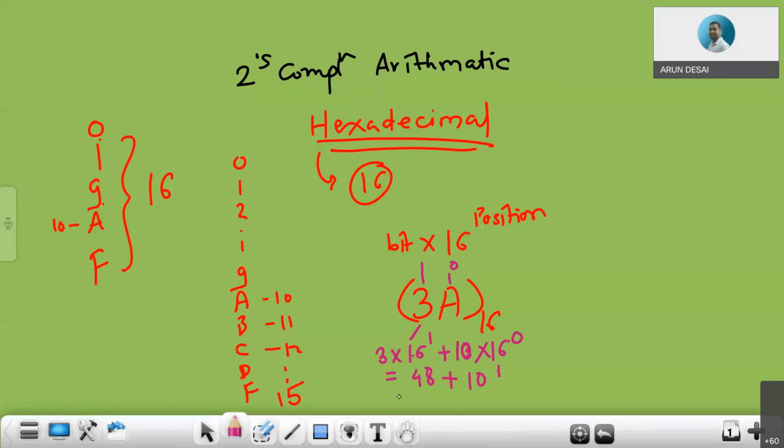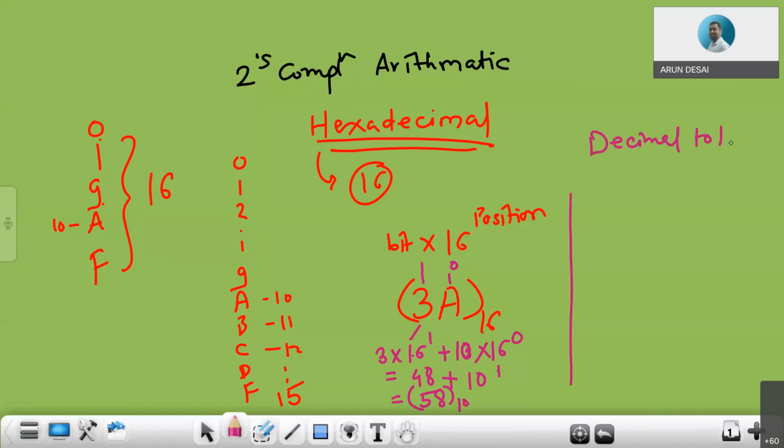So 48 plus 10 is 58. So this is how you convert hexadecimal to decimal. So 58 in decimal.